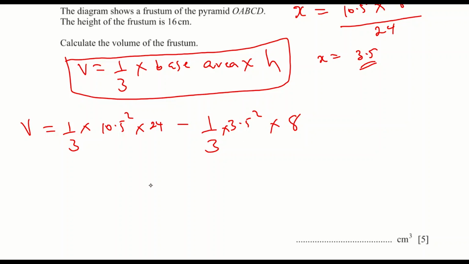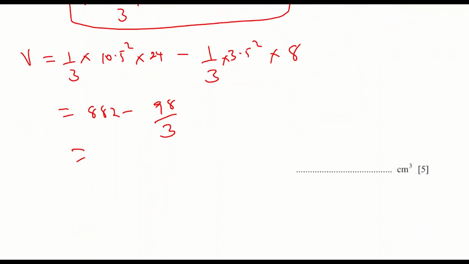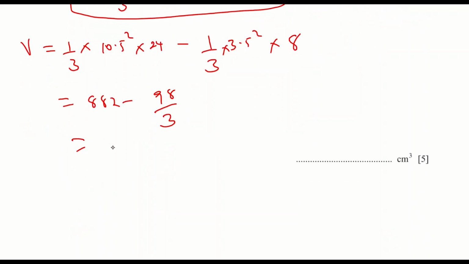If you do this, the volume should be 882 minus 98/3, and this will give you a recurring decimal with one repeated digit.